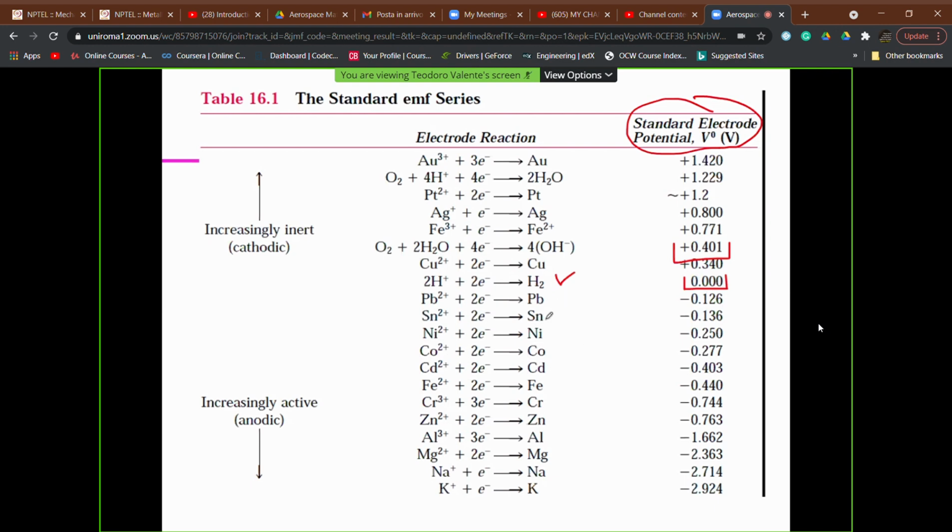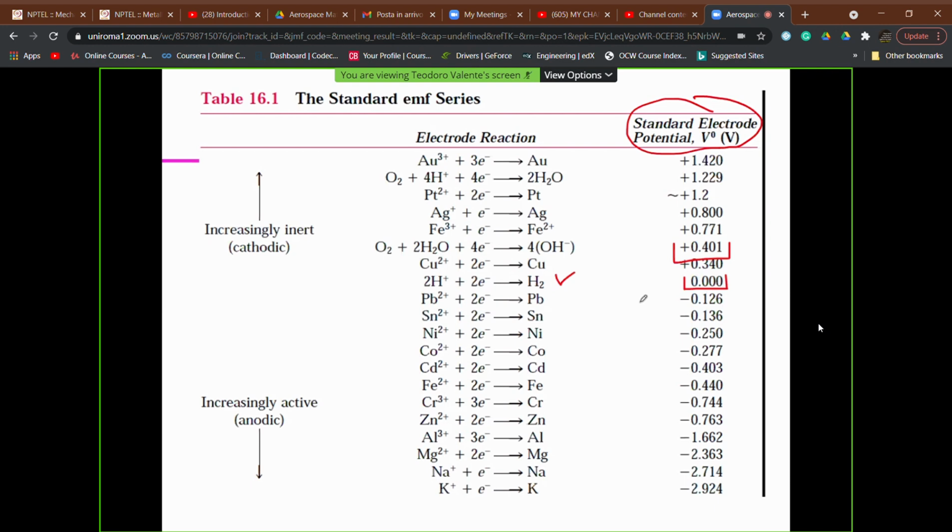And what is going to happen? It is going to happen that, and this is the driving force, when the potential of the reduction reaction is higher than the potential of the oxidation reaction, which involves our metallic element, then we have a positive driving force. So this means that the corrosion can happen.